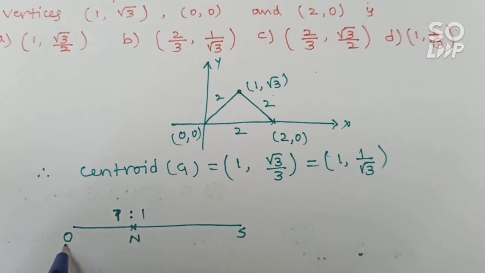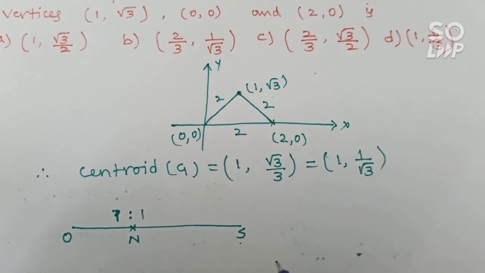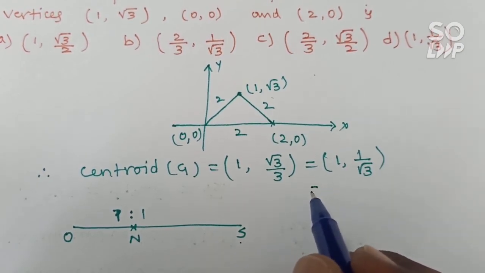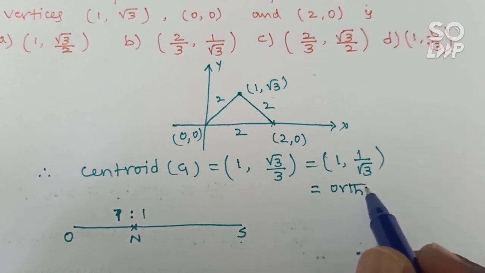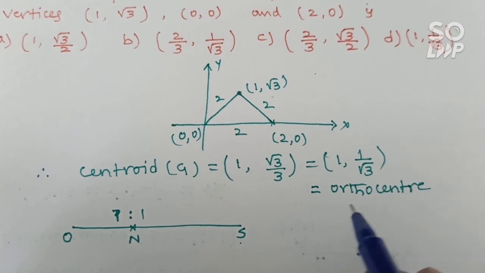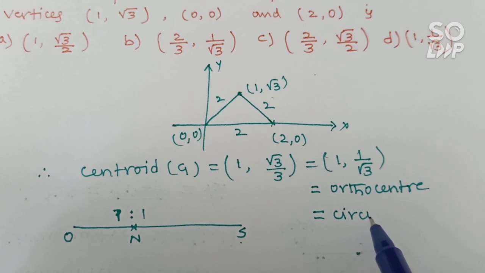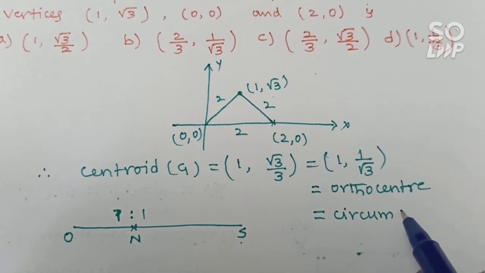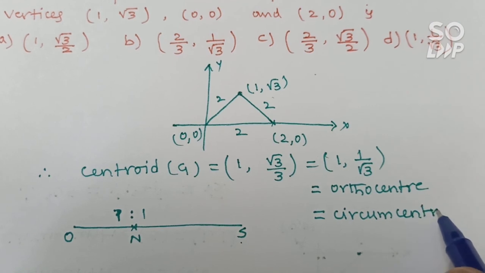Here O is nothing but the centroid. S is also nothing but the centroid. This one will be equal to the orthocenter, and this one will also be equal to the circumcenter. Why? Because the given points form an equilateral triangle.